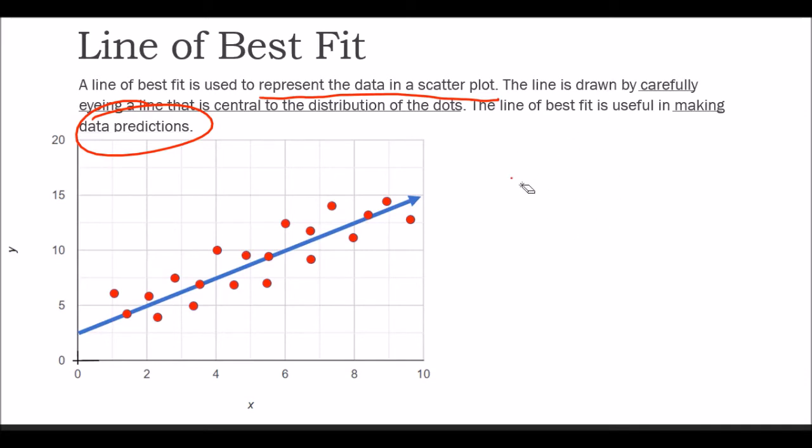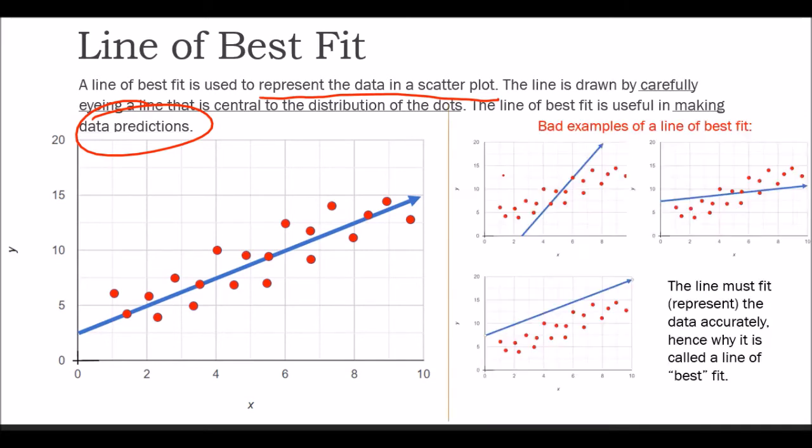Now, there are examples of bad lines of best fit. So this is bad, as you can see here. Ramia, do you remember why this is bad? It's not in line with the dots. Good. Eamon, why is this one bad? Have a look. Is it going through the dots? You're shaking your head, which looks like a no, so it's not.